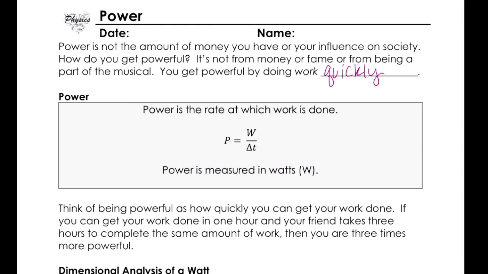One thing, too, I just want to note from the previous section, remember that work is equal to a change in energy. Okay, and then we have the equation work equals the applied force times the displacement cosine of theta, where theta is the angle from which the displacement is going.